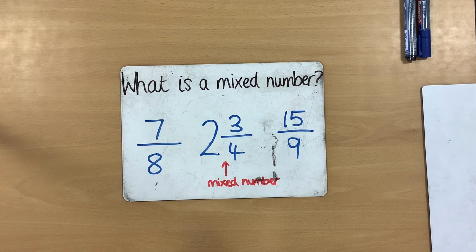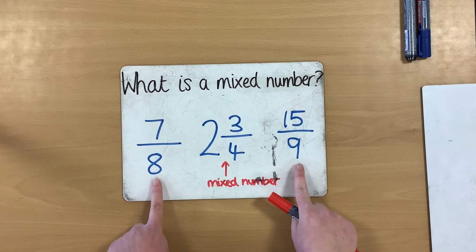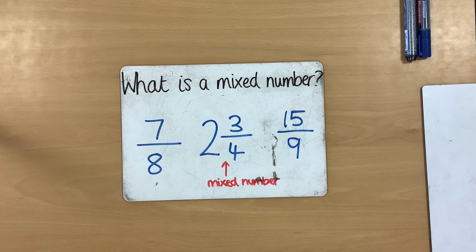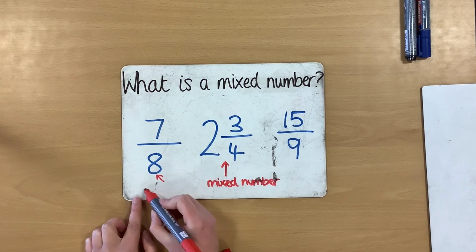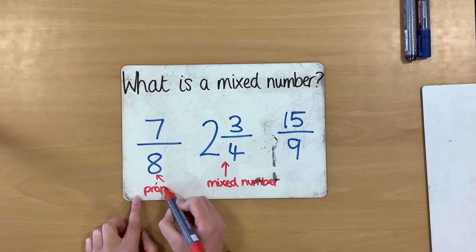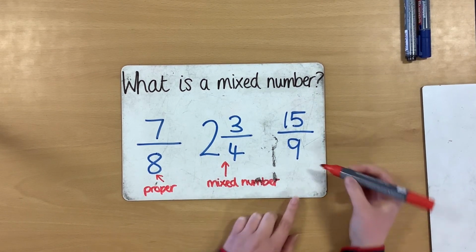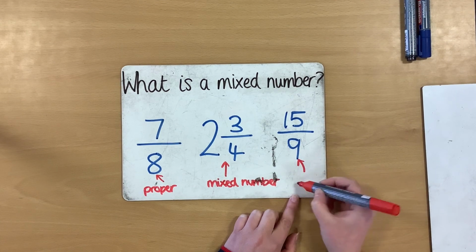Just as a recap, I'm wondering if we can remember what these 2 types of fractions are called also. So have a think. Well, hopefully you've identified that this 7/8 is an example of a proper fraction, and 15/9 is an example of an improper fraction.